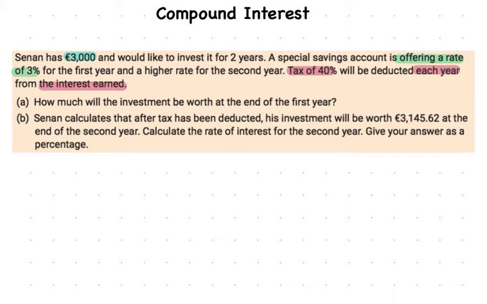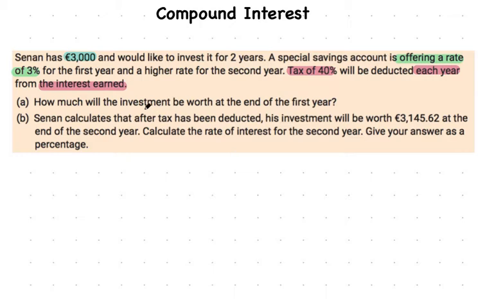So 2 things happen. The tax has to be paid, and in the second year, the rate is going to be different. Now, that's going to affect our calculations. So the formula will only work when you have the same conditions throughout the time that it's being compounded. So this question, it changes, and we need to take that into account.